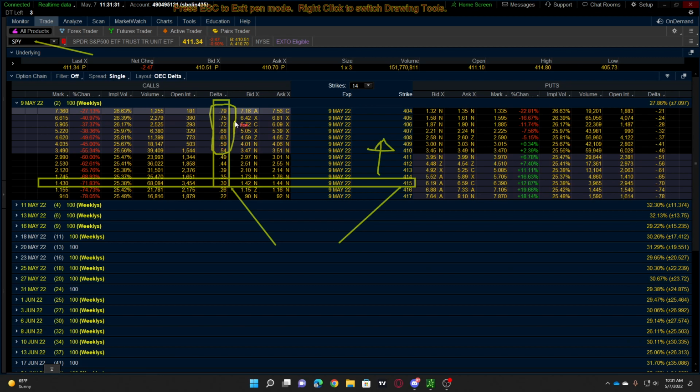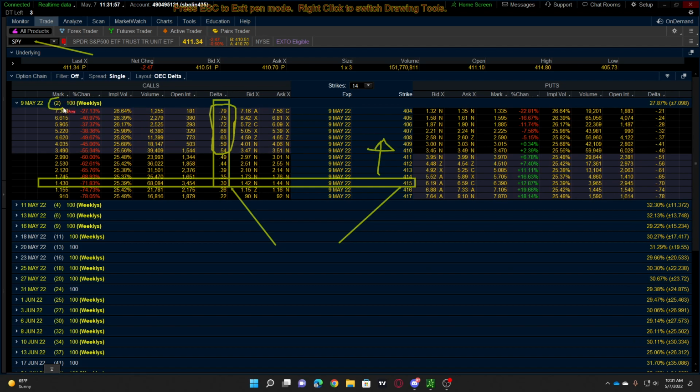But at expiration, all of those that are in the money go to 100. They turn into 100 because at expiration, any options that are in the money turn to stock. All right, so the delta will go to 100 at expiration because that strike that's in the money is now 100 shares of stock.